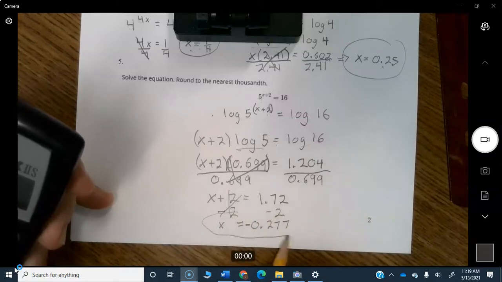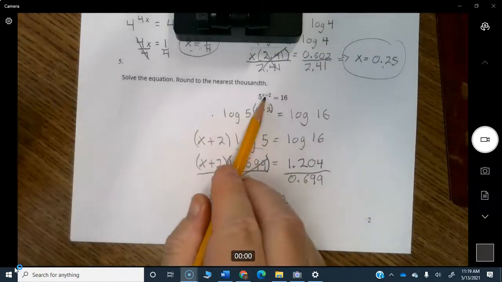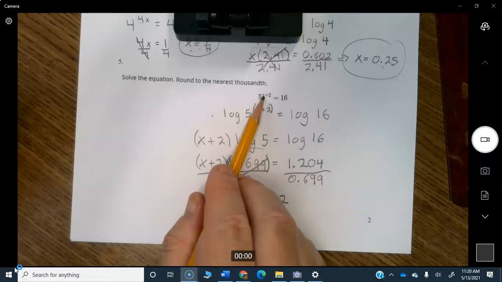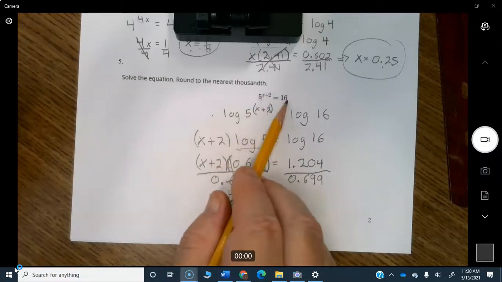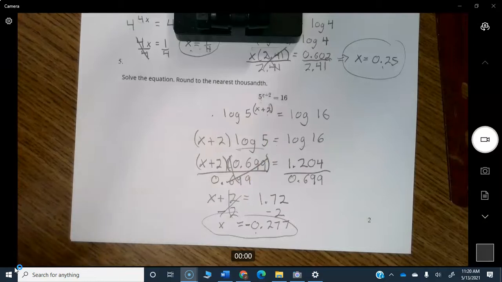So that's the answer. Let's check that answer up here. If we plug negative 0.277 in for x, we should get 16. So let's do that. I'm doing it off screen.